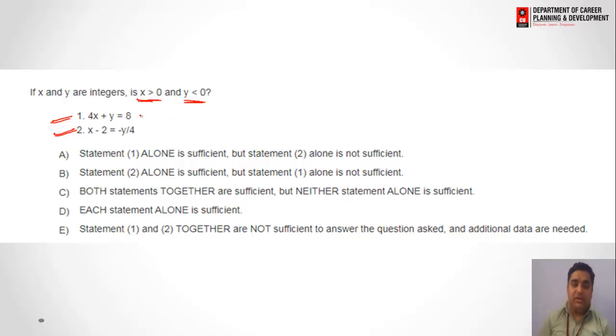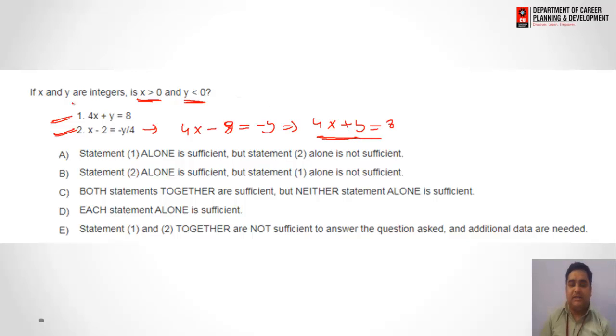If we simplify the second statement, we have 4x minus 8 is equal to minus y, that can further be written in the form of 4x plus y is equal to 8.